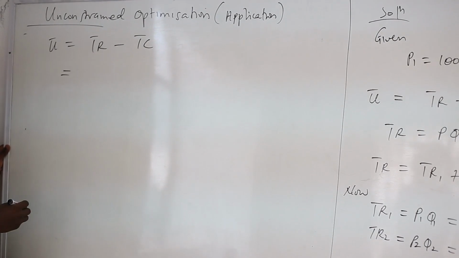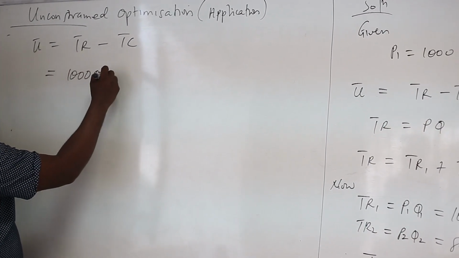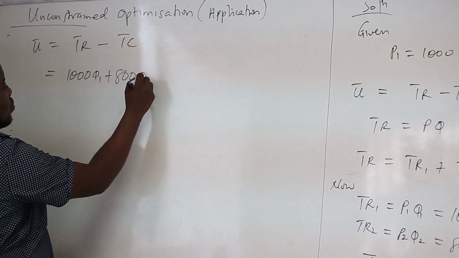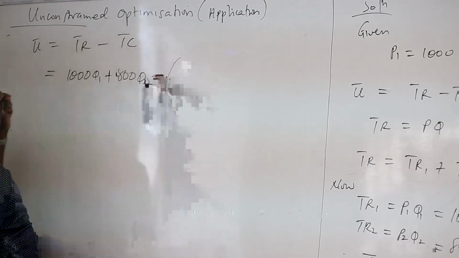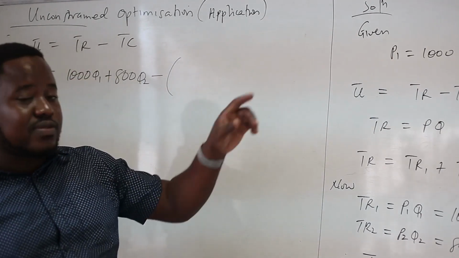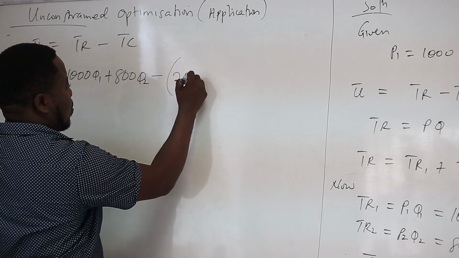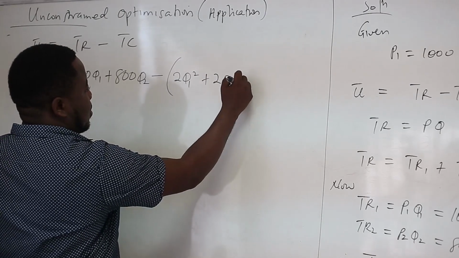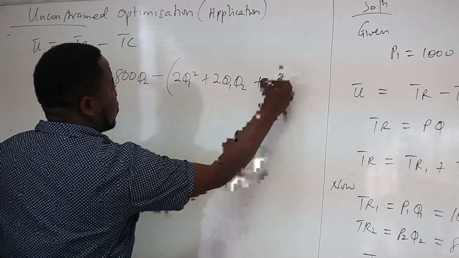So this is equal to total revenue, 1,000 Q1 plus 800 Q2, minus, so because of the minus, you have to put the total cost function in brackets. So we have minus 2Q1 squared plus 2Q1 Q2 plus Q2 squared.